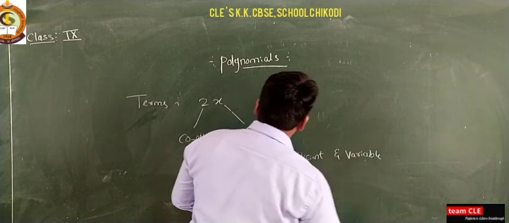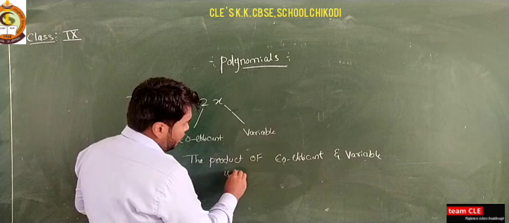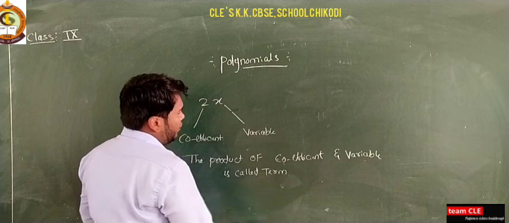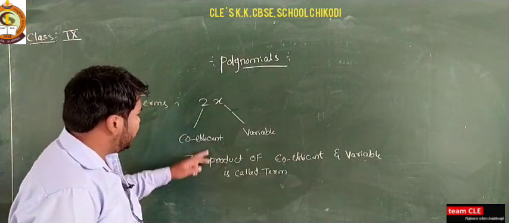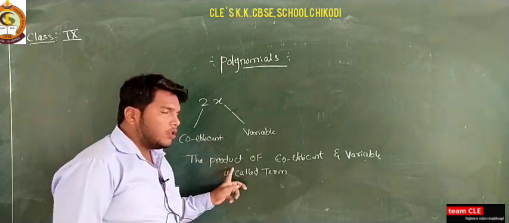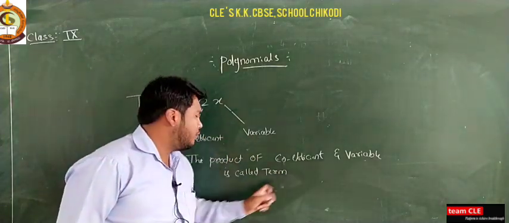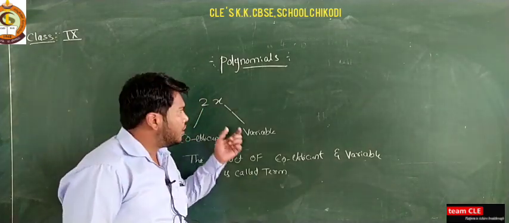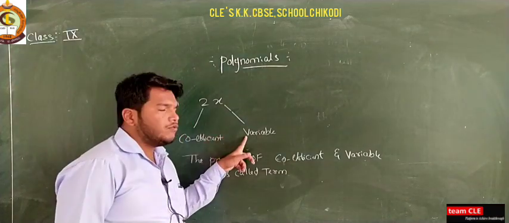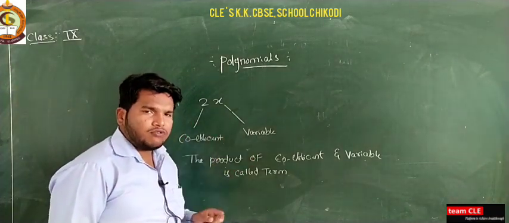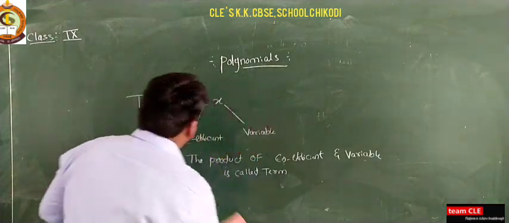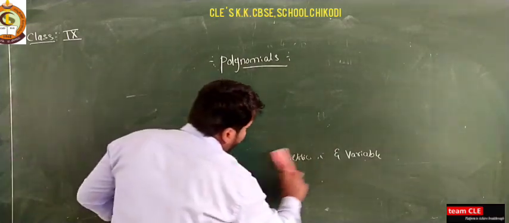So this is the definition of term: 2 is the coefficient, x is the variable, and the product of coefficient and variable is called a term. And what is a variable? A variable is a changing value, and a constant is a fixed value. So take these two definitions also, variable and constant.